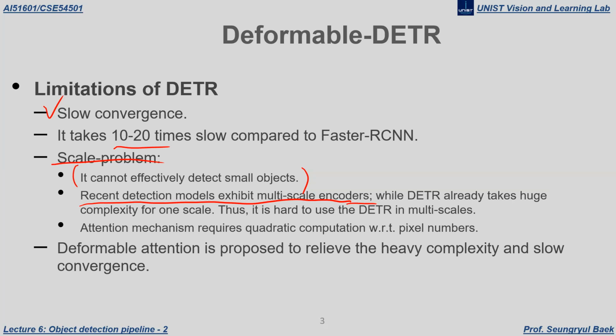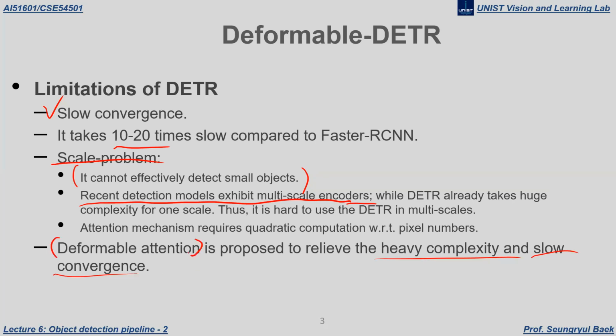So involving a multi-scale encoder inside the DTR is not that trivial. And also the attention mechanism requires quadratic computation with respect to the pixel numbers. So this is the limitation of DTR: heavy complexity and slow convergence.